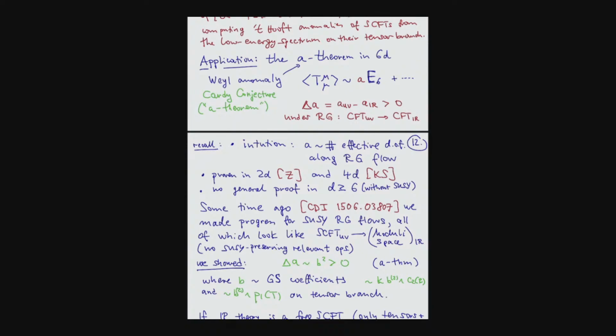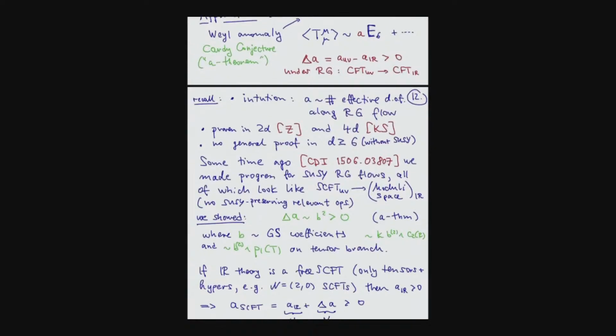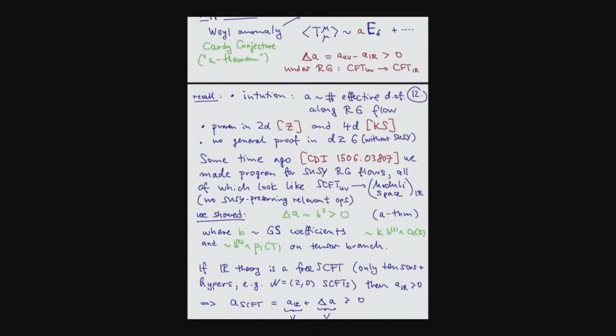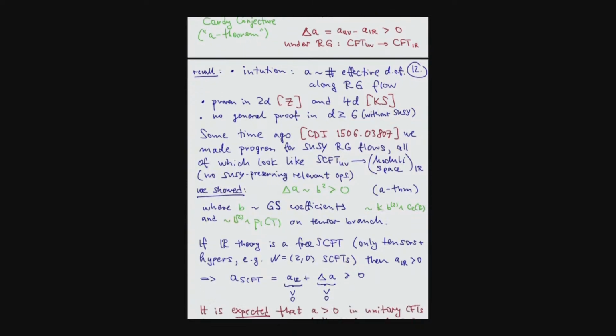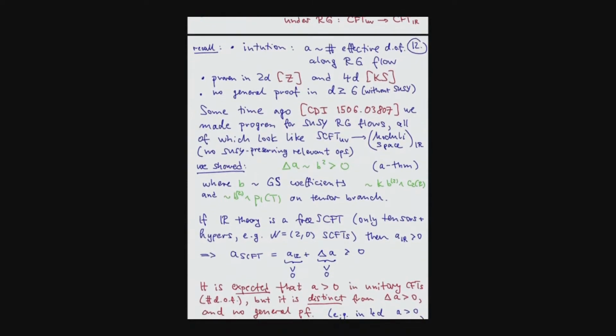There's no general proof of this statement for 6D RG flows, at least not for non-supersymmetric flows. With supersymmetry, you can do better. And we had an argument a while back that for supersymmetric RG flows, the change in the A anomaly is essentially a perfect square and therefore positive. So that implies the A theorem.